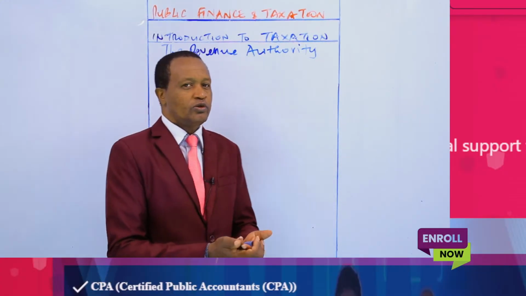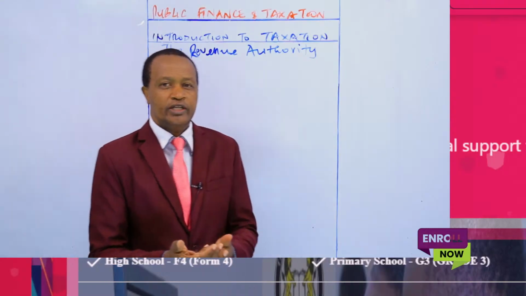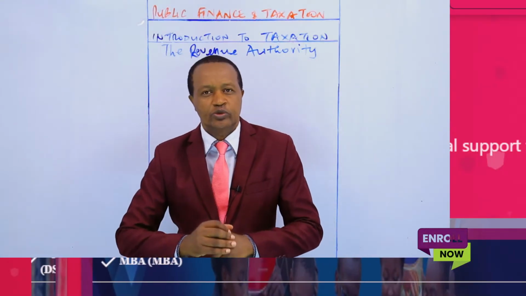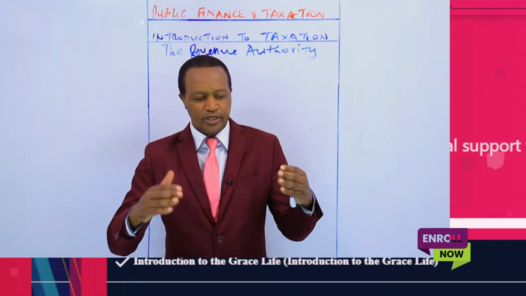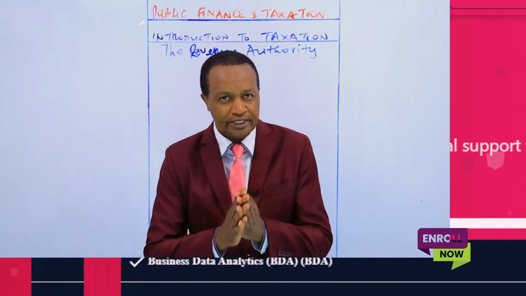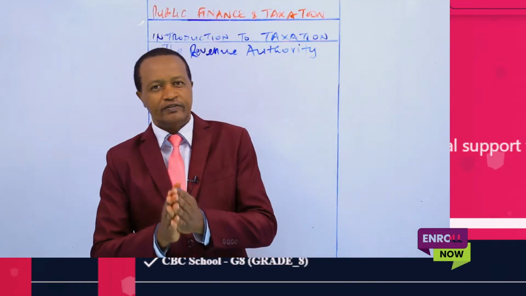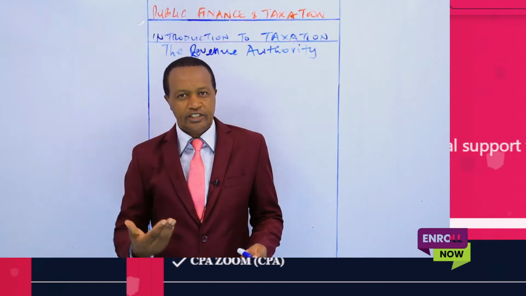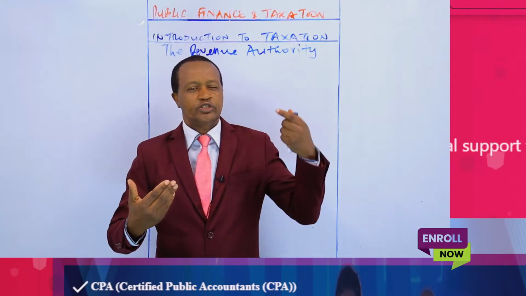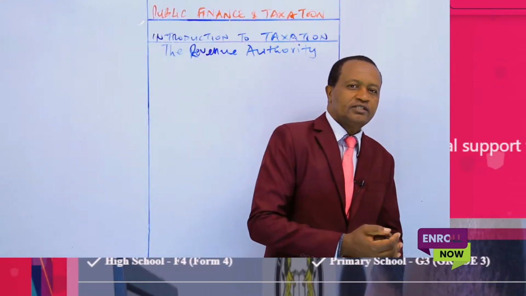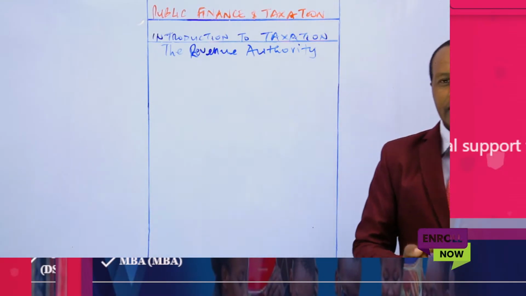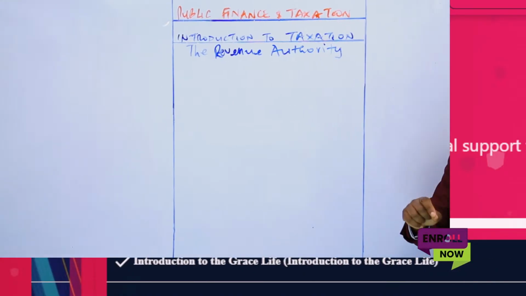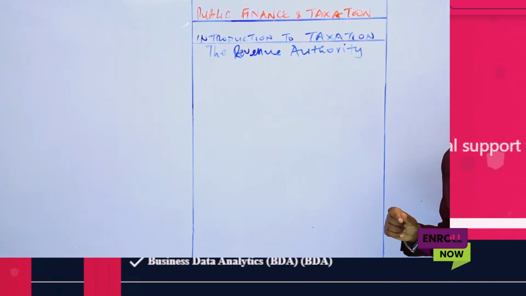So first of all, we will begin with the structure of the Kenya Revenue Authority. And by now, I know you understand that the Kenya Revenue Authority is the principal government agency responsible for the assessment, collection, and accounting of all revenues in Kenya.